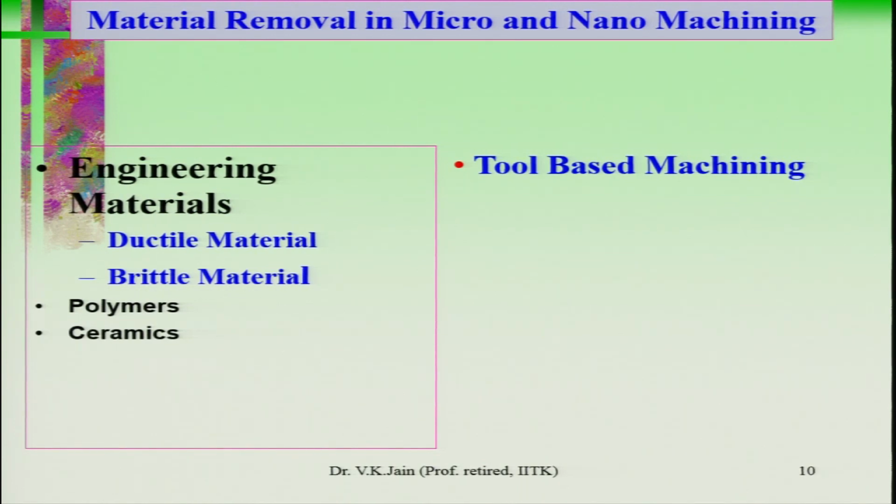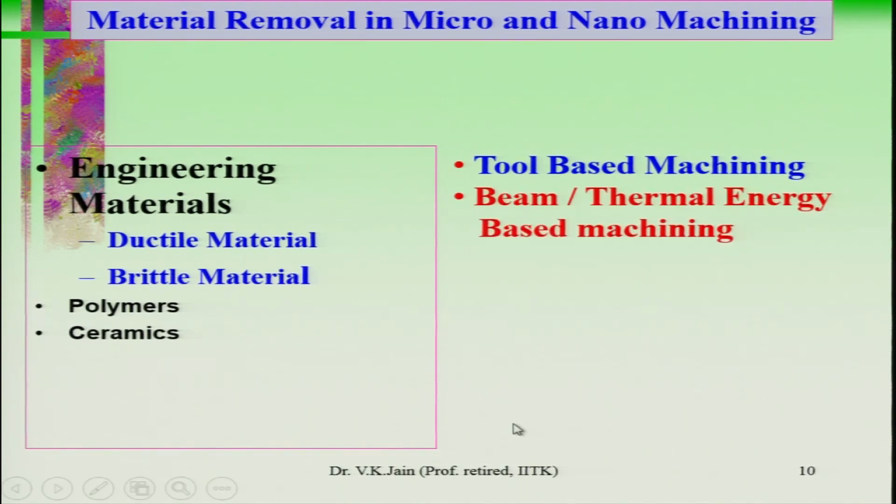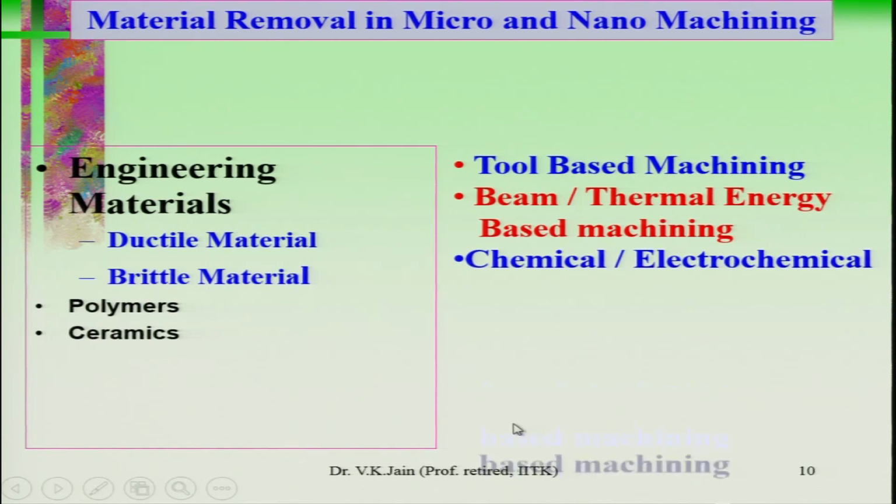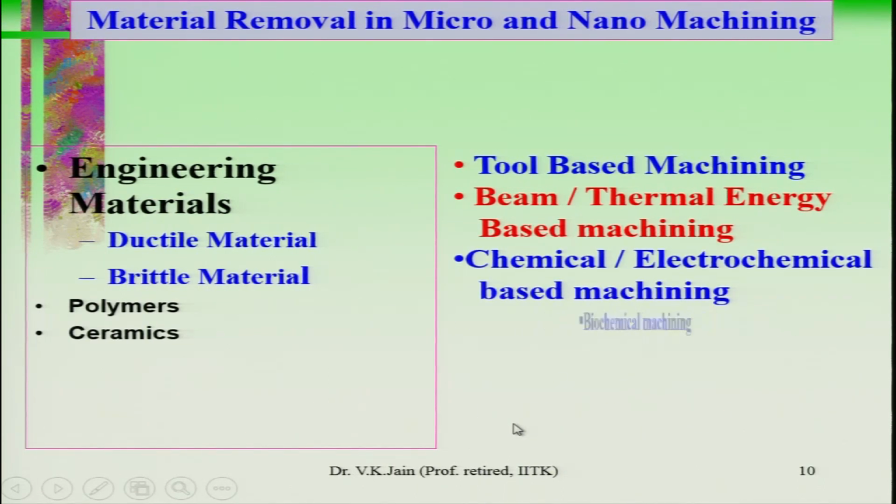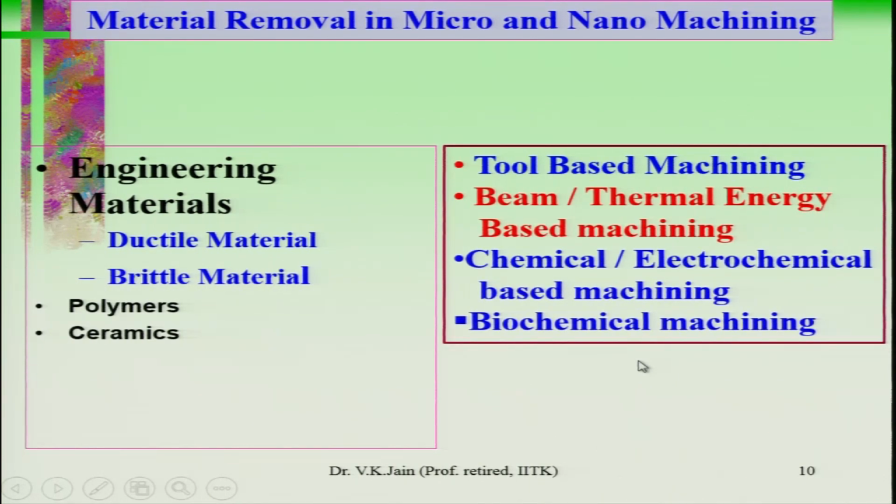So, tool based machining, beam thermal energy based machining, chemical electrochemical machining, that we have already just seen. Why I am repeating them here is that most of these materials can be machined by one of these processes depending upon the characteristic of the workpiece material. You have to choose the desired micro machining process.